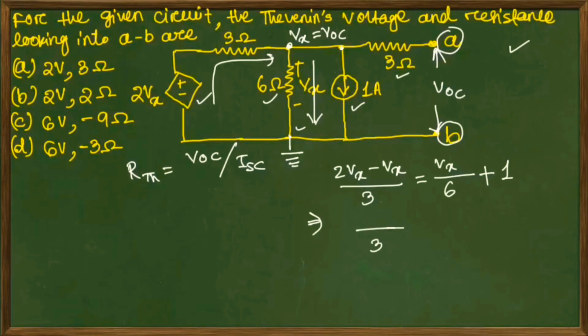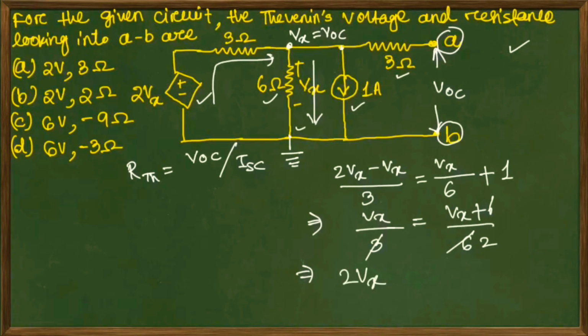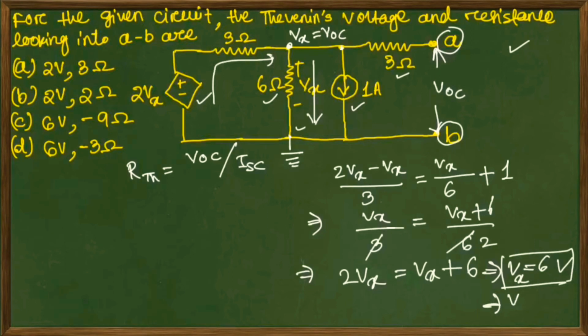Solving this, 2Vx minus Vx is Vx, and this is Vx plus 6 over 6. So 2Vx equals Vx plus 6, which implies Vx equals 6 volt. That is, the open circuit voltage VOC equals 6 volt.